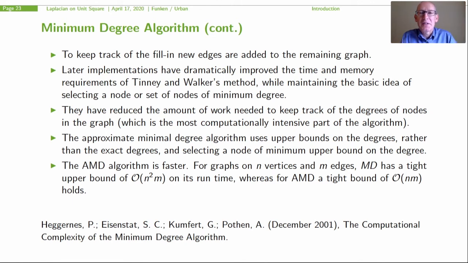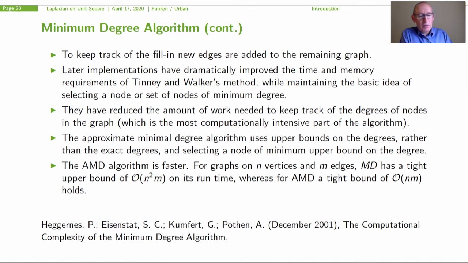There exist tight bounds that say that for the minimal degree and even for the multiple minimal degree, you have a runtime behavior of n squared times m, where n is the number of vertices and m is the number of edges, whereas the approximative minimal degree algorithm has a runtime n times m, which is quite optimal.